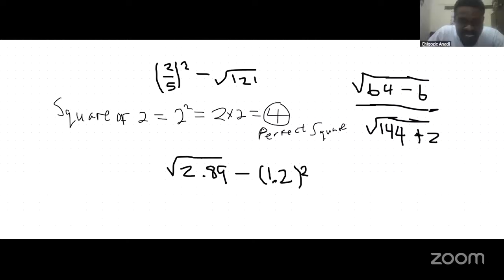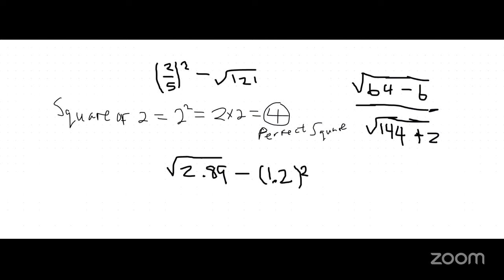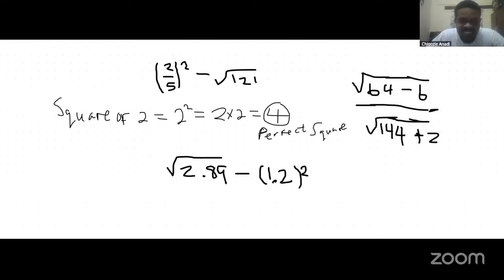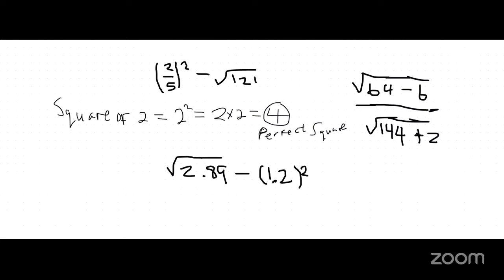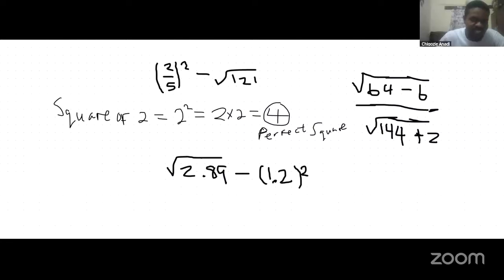A number that can fit into it perfectly, something like that. A perfect square is a number that has its root multiplying itself evenly. Like the number four is a perfect square. So its root is what? 2. So you can see that 2 times 2 will give us 4.